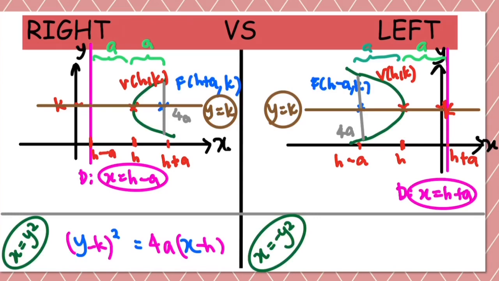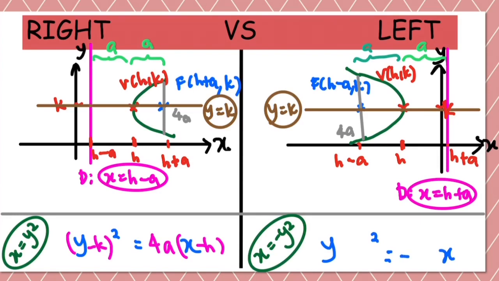Now let us continue with the equation of the graph of parabola opening to the left. So we know that this is the general equation of a quadratic opening left. However, we need to rearrange first. The quadratic, put it on your left hand side. For linear, you put it on the right hand side.